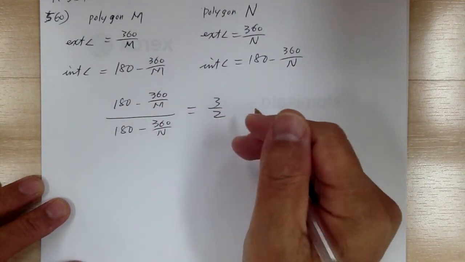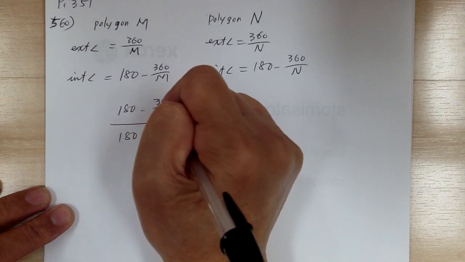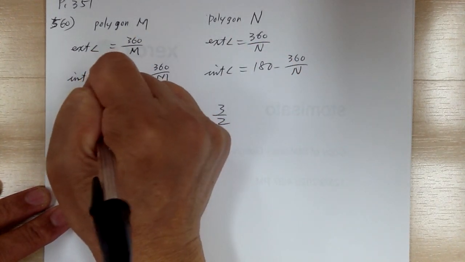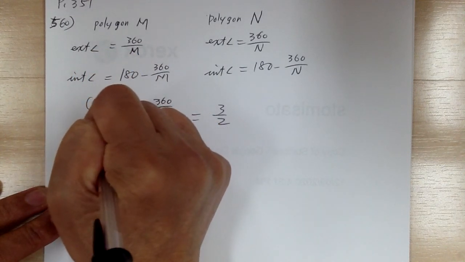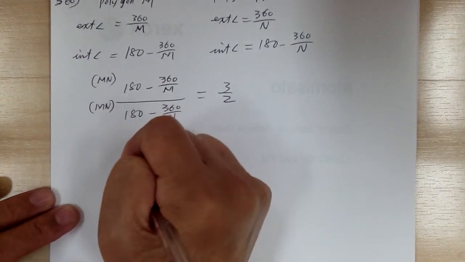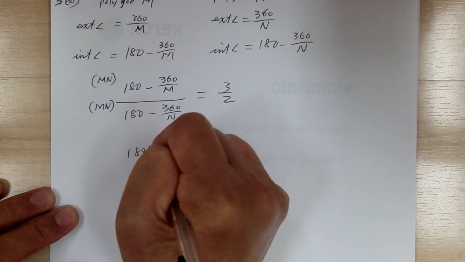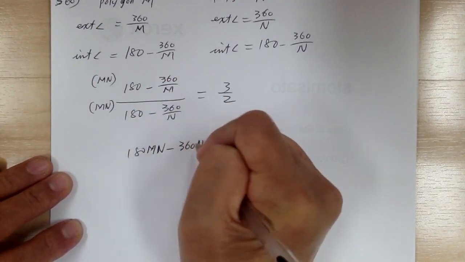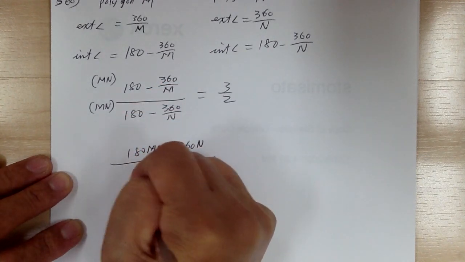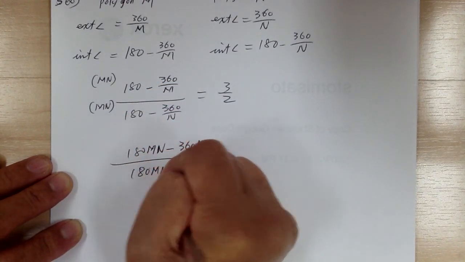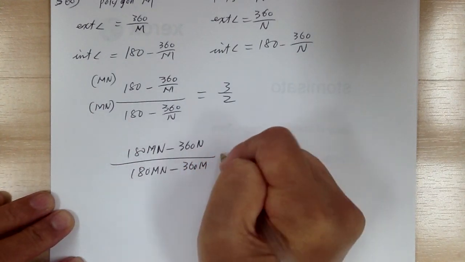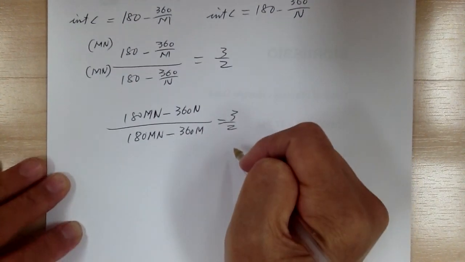Okay, now you have a complex fraction. So to simplify a complex fraction, you multiply by the common denominator. So the common denominator is Mn. So you're going to get 180 Mn minus, the M cancels out, so minus 360 N, over 180 Mn minus, the N cancels out, so 360 M, equal to 3/2.